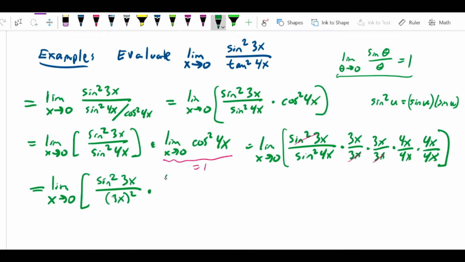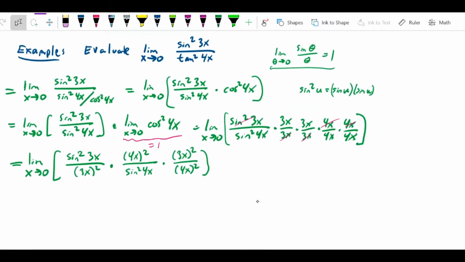Now let's use two factors of 4x. Cross those out and put that over sine squared 4x. And then of course we have 3x, 3x, and 4x, 4x that we have to clear out. So that's going to be 3x squared and 4x squared. So there we go.